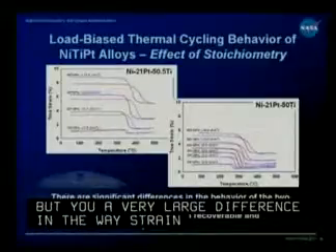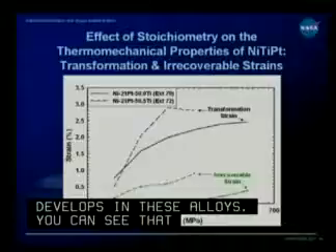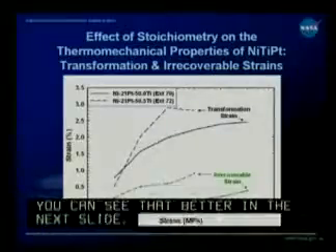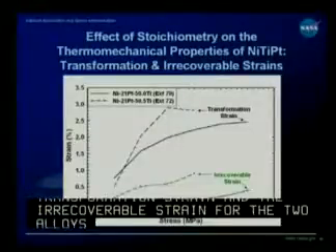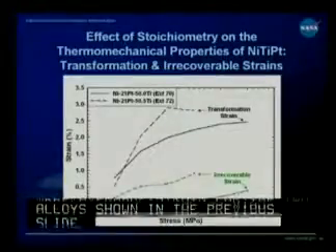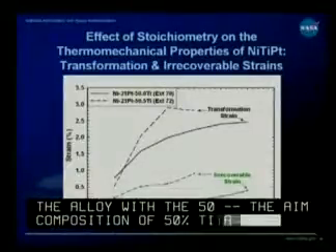You can see that better in the next slide. Here we're just plotting the transformation strain as well as the irrecoverable strain for the two alloys shown in the previous slide. The alloy with the aim composition of 50% titanium shows almost no irrecoverable strain over a large stress range.